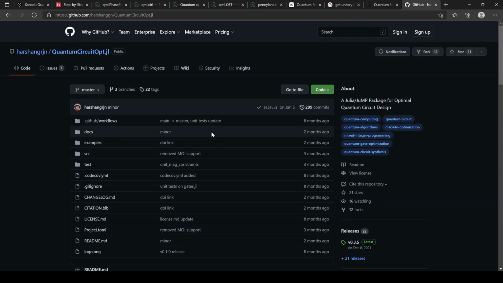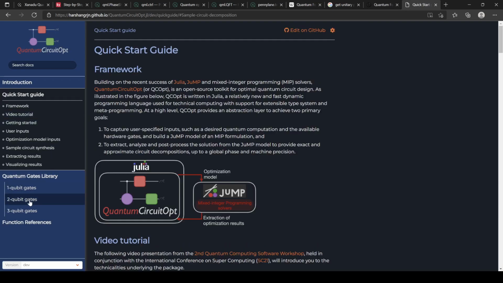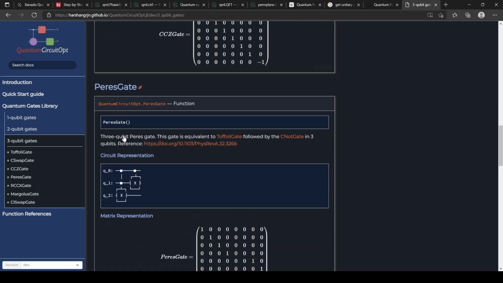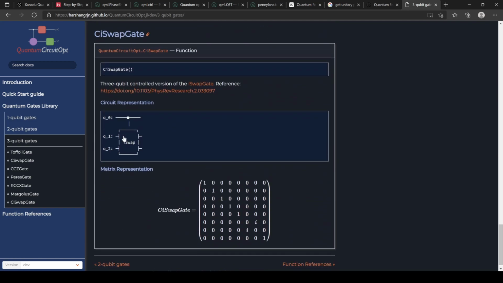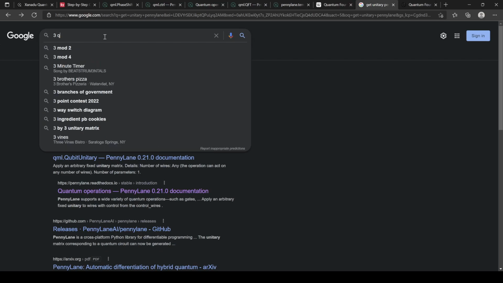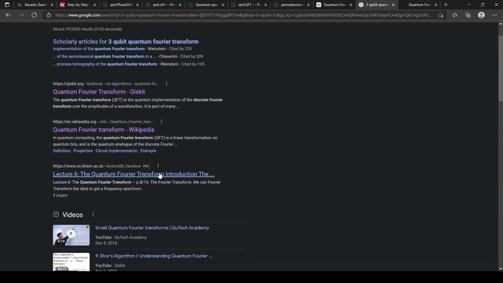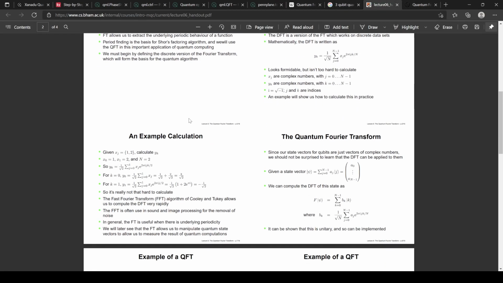But also I know the documentation has examples, pretty sure, of the 3-qubit. No, I was wrong. So we'll just do 3-qubit. Something's going on here and I'm going to figure it out.